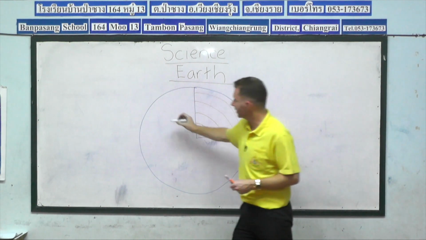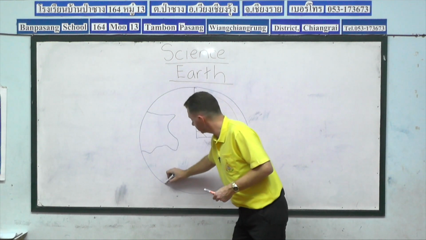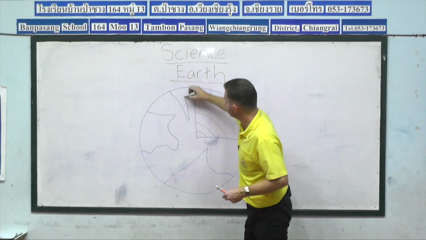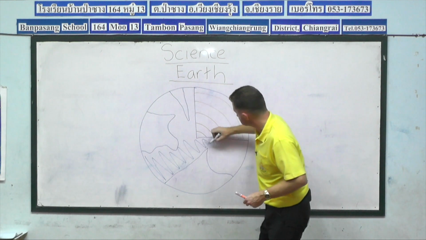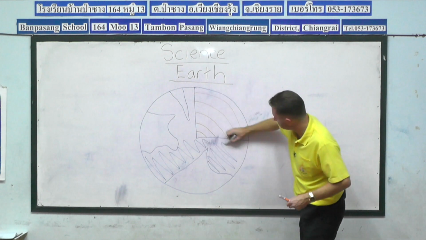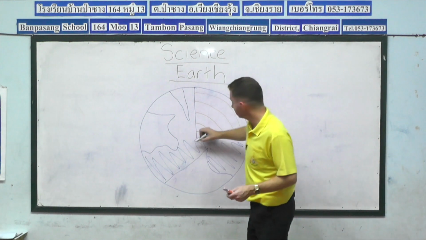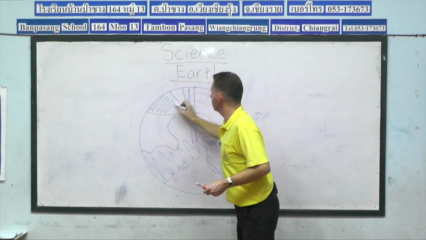And what we can do here, we can make the Earth look a bit more like the Earth. We can do some different land masses and also the water. So the water will be the blue areas. And we know from the PowerPoint presentation that 71% of the Earth's surface is water. So it will mainly be a blue diagram.